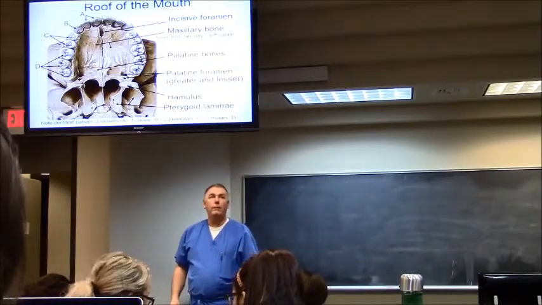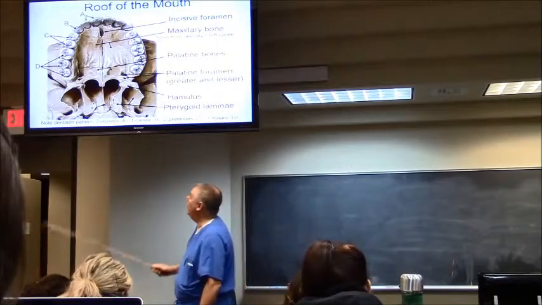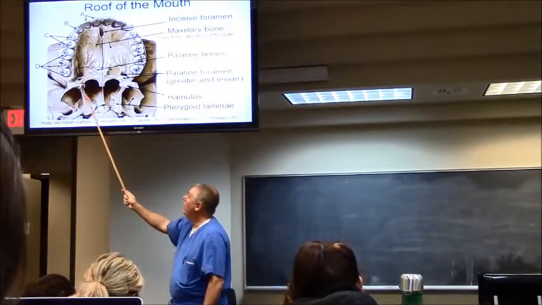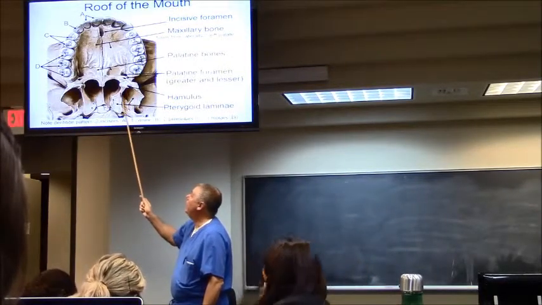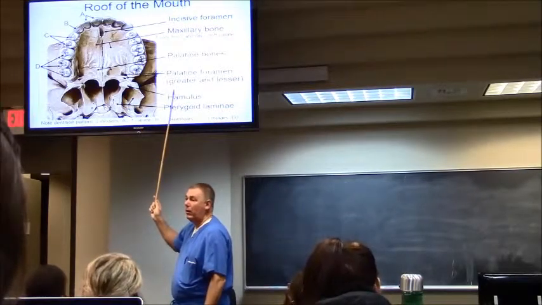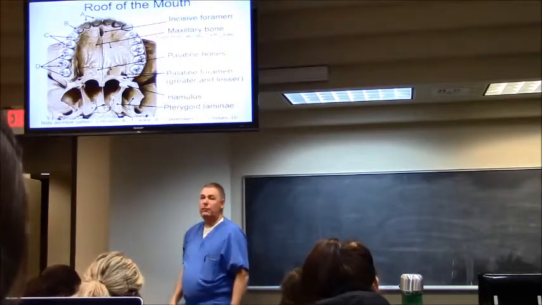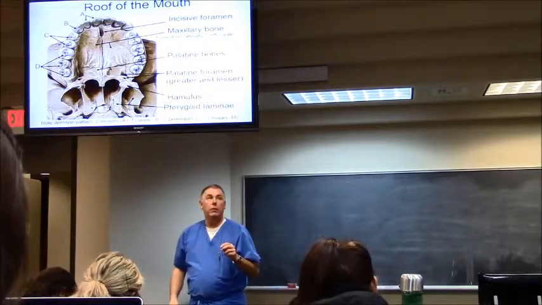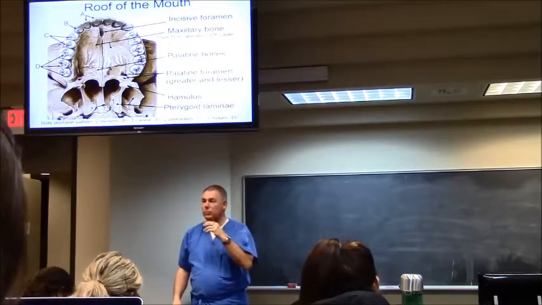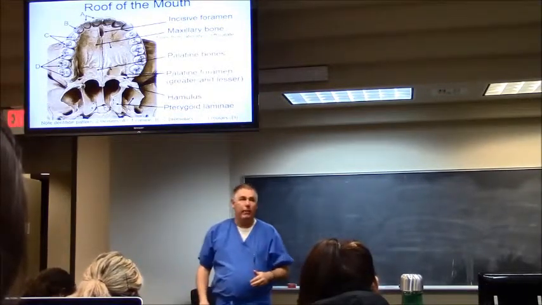And then off of the palatine bones, actually part of the sphenoid bone, are these plates right here. There's a medial and lateral pterygoid plate that serve as attachment points for the different muscles of the tongue and oral cavity.